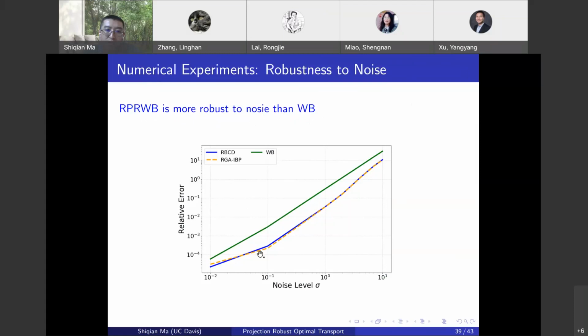In this figure, we compare the error versus the noise level. We found that by using the proposed model, the relaxed projection robust Wasserstein Barycenter, computed by two different algorithms, the errors are smaller than the original Wasserstein Barycenter problem.